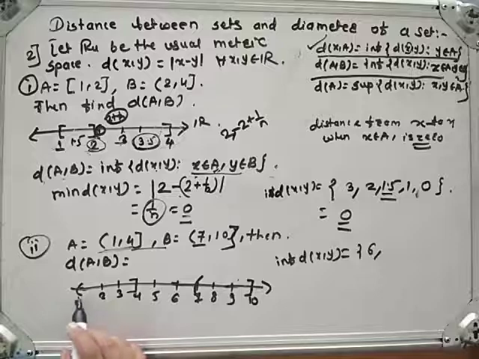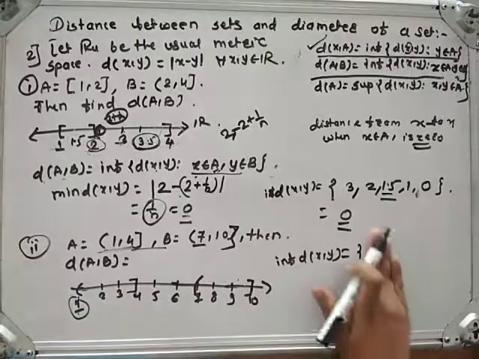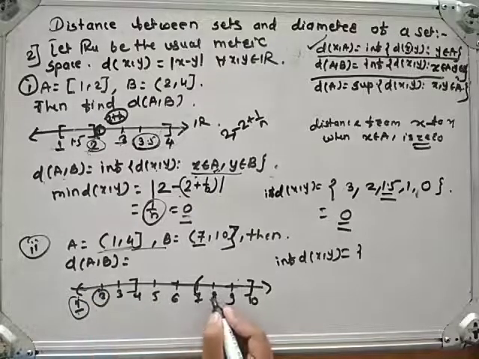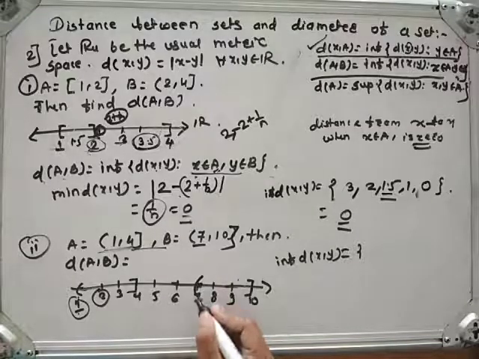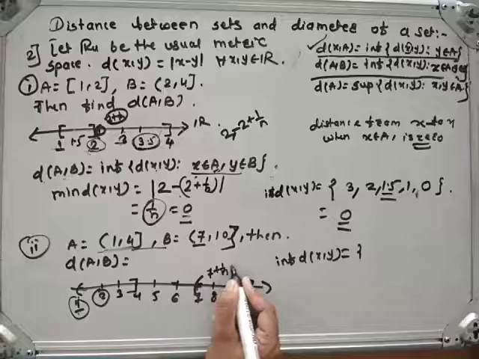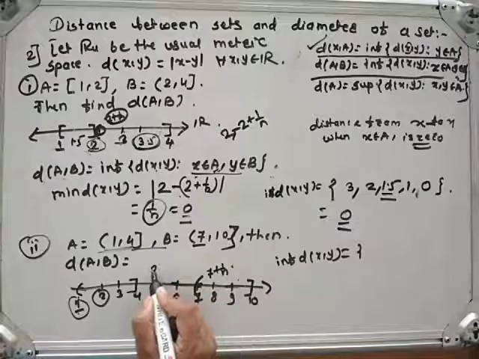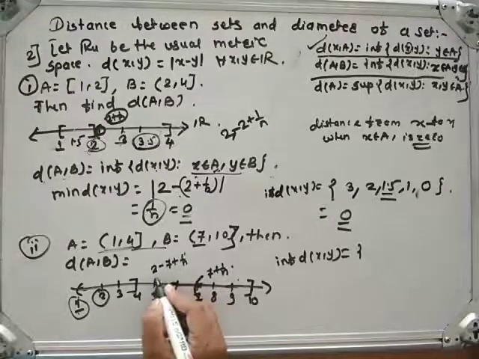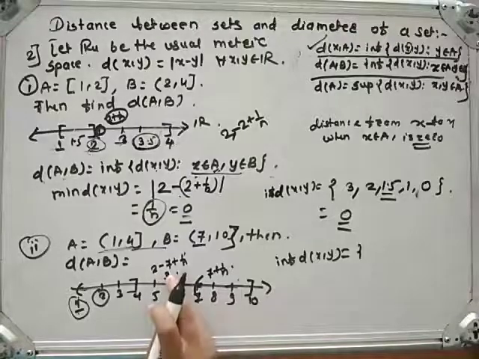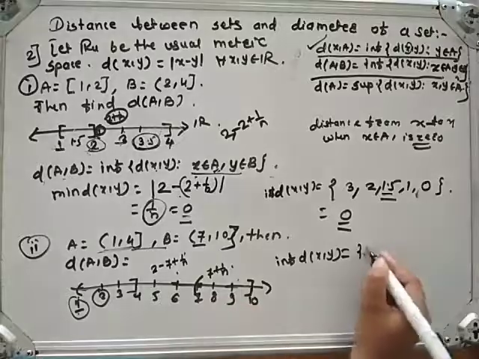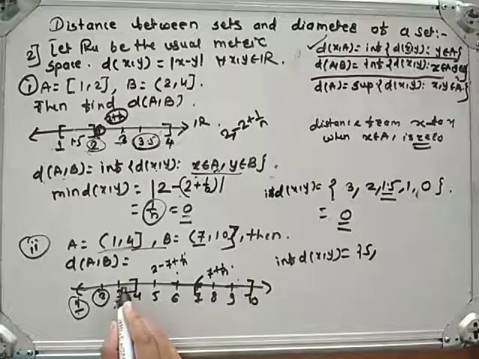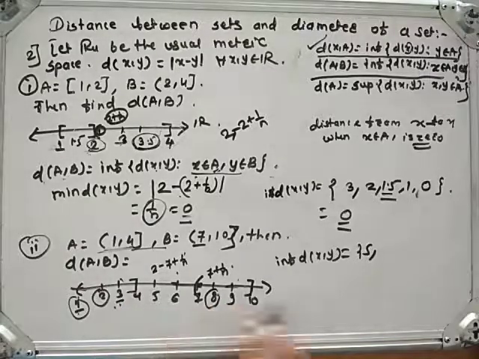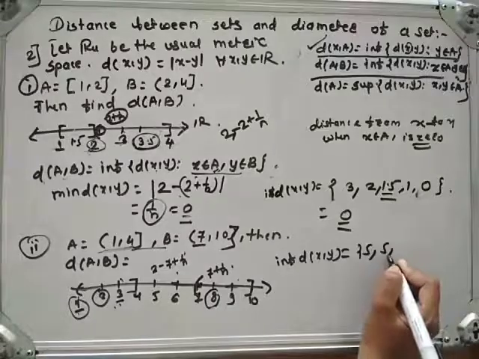Suppose you take, this 1 does not belong to set A. If you take 2 from set A and a point of the form 7 plus 1 by n, then the distance is 7 minus 2, which is 5. If you take 3 from set A and 8 from set B, then the distance between these 2 points is 5.